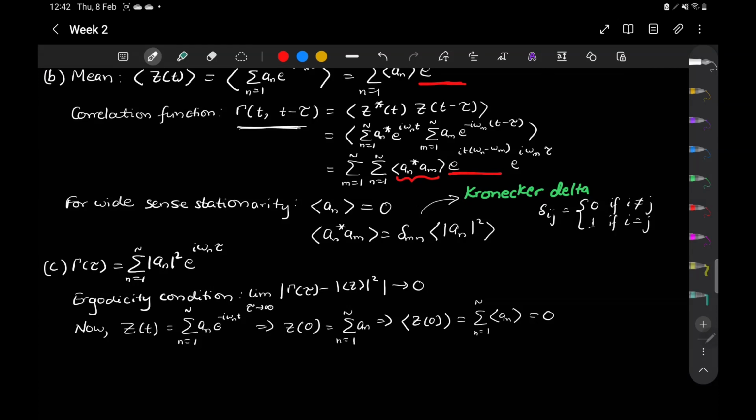So why do we consider t equals 0? Because for wide sense stationarity, the mean should be independent of time. So whether it is at t equal to 0 or t equal to 1 hour, the expectation value or the mean should remain the same.